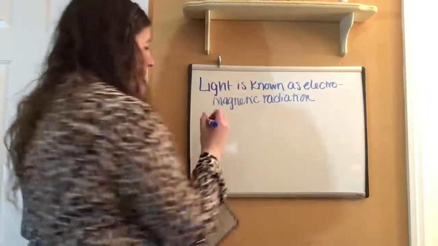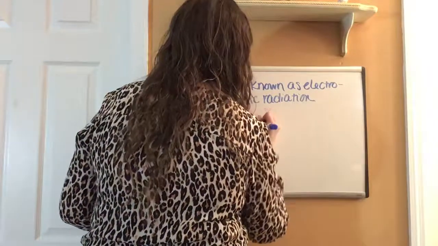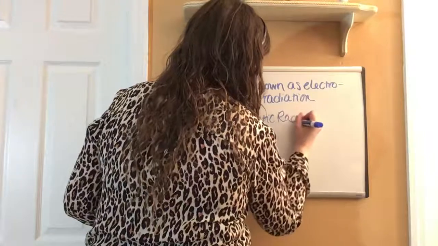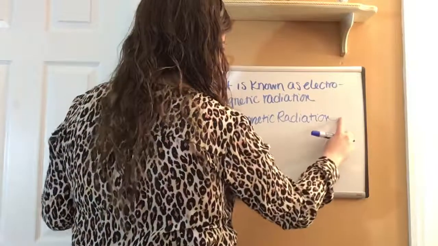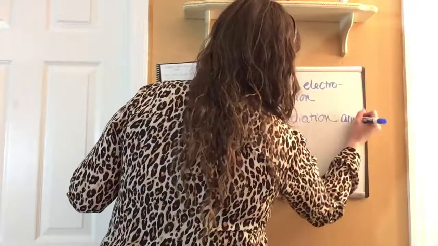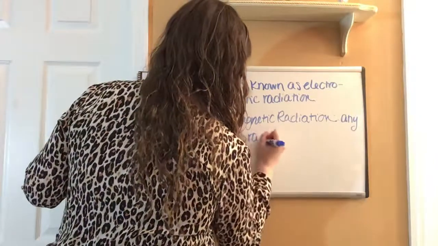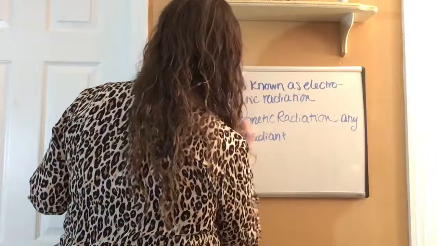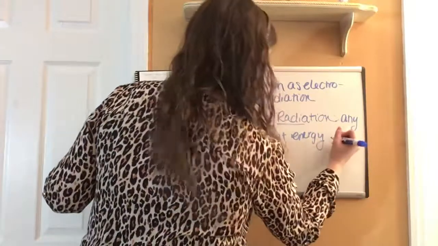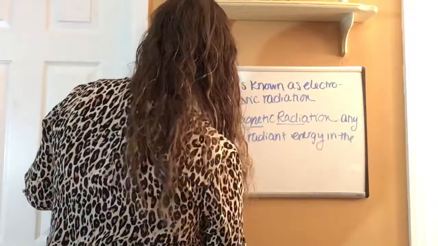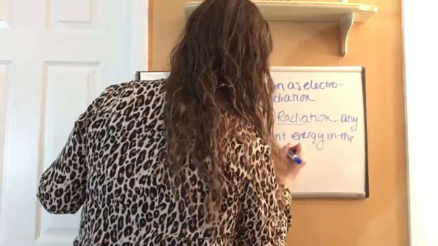So that's why it's called electromagnetic radiation, because electromagnetic radiation is formally defined as any form of radiant energy in the electromagnetic spectrum.